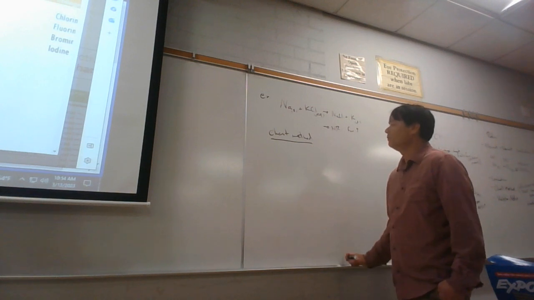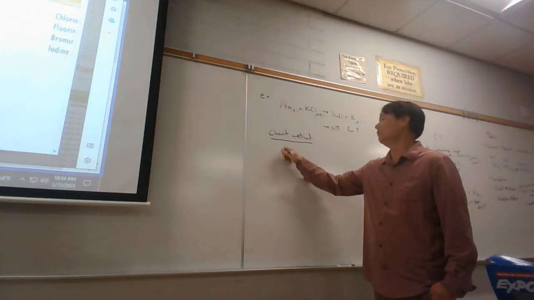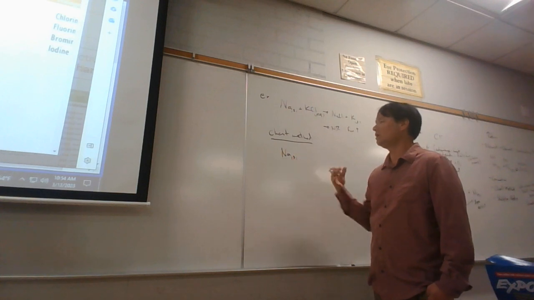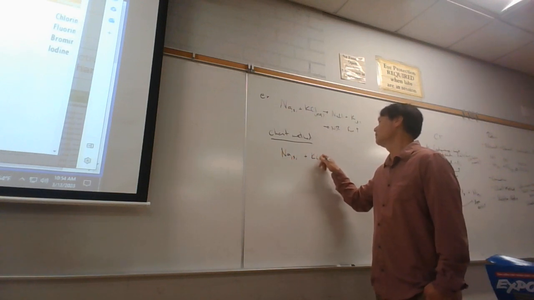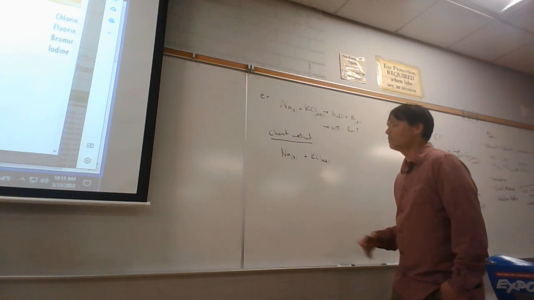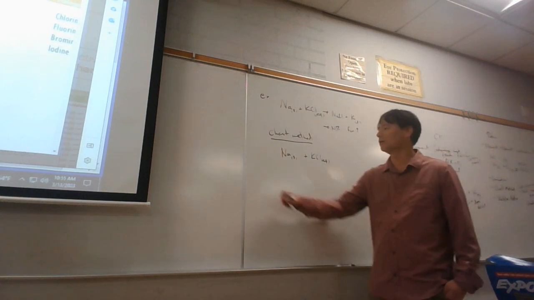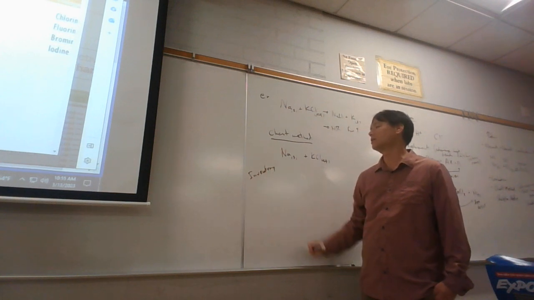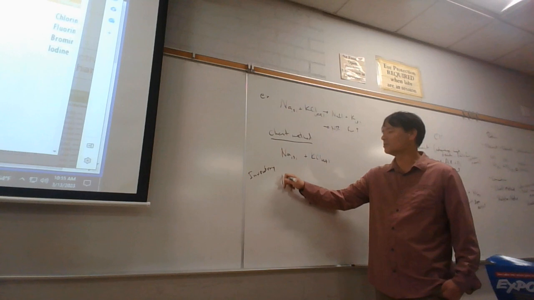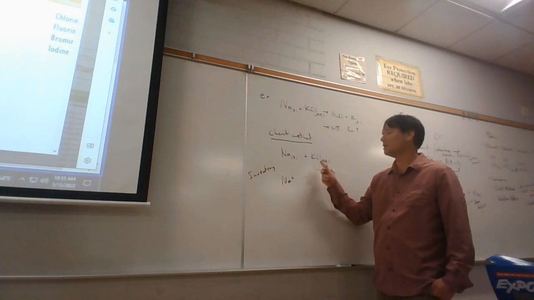With the chart method, we aren't locked into any pattern. What we have is solid sodium plus KCl aqueous. In the chart method, the first thing is we inventory everything present. So everything present is sodium metal, and then potassium chloride.